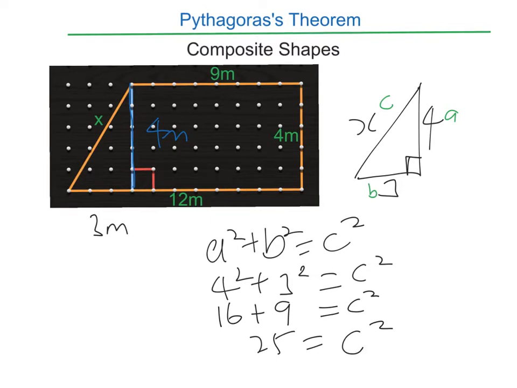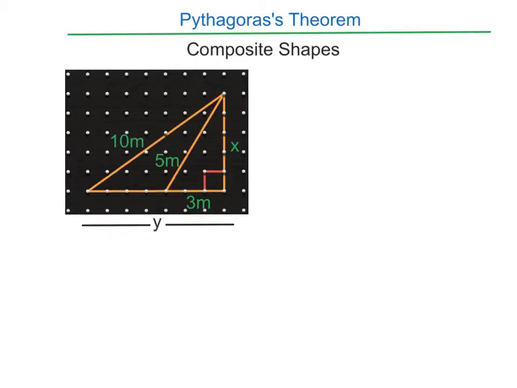If I square root both sides, I'll get rid of the squared because C squared and square root are opposites. So I end up with C equals 5 because the square root of 25 is 5. So C equals the square root of 25, 5. That means that this side here is 5 metres long.